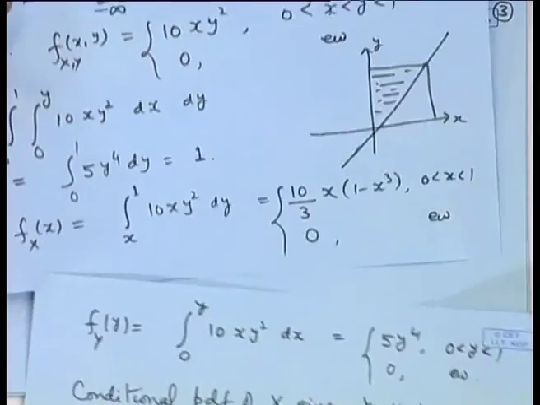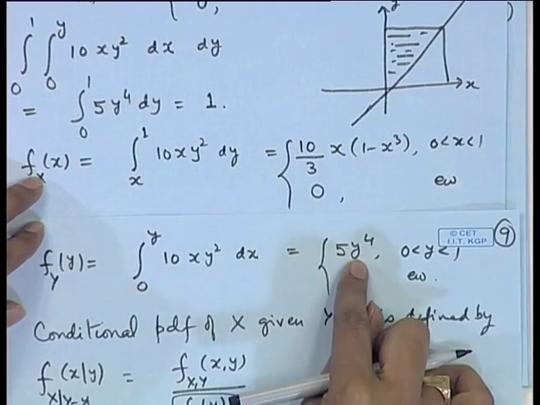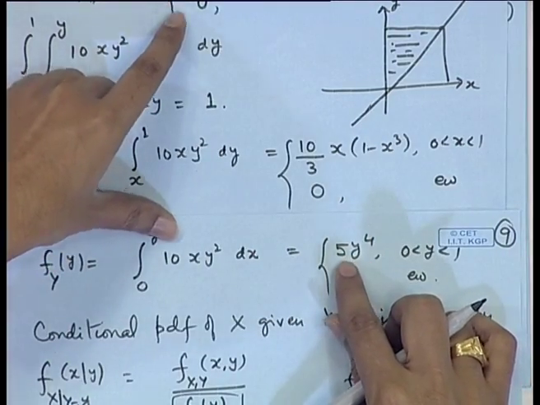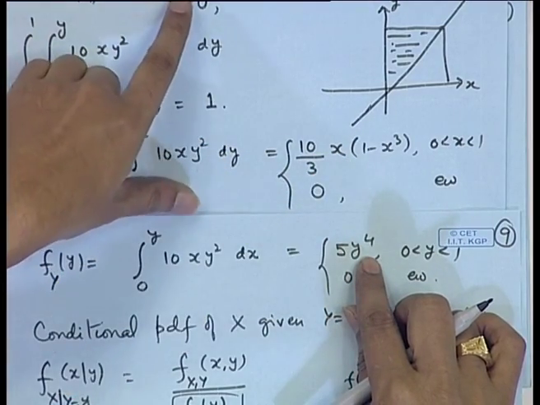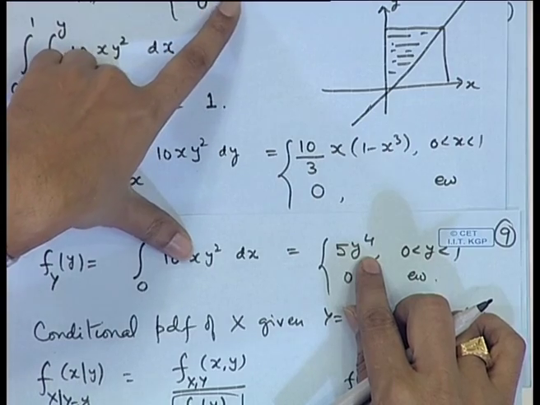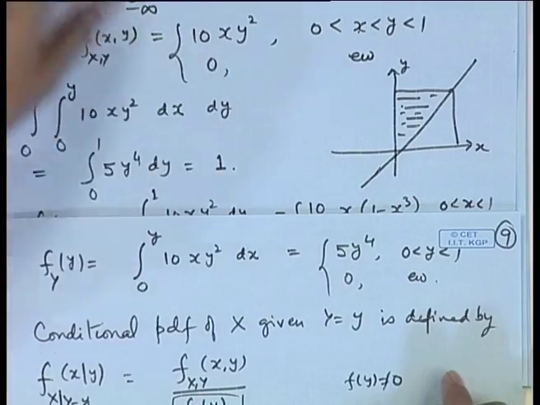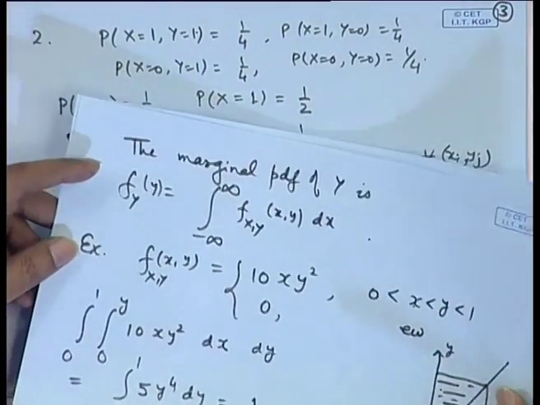So, you can see that the product f_X into f_Y is not equal to f_{XY}, because the product here will give you 50/3 x(1 minus x cubed) into y to the power 4, whereas f(x,y) is 10xy squared. So, the condition is never satisfied. So, X and Y are obviously not independent.